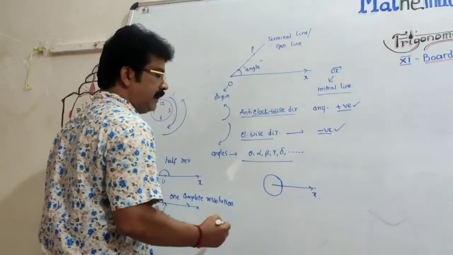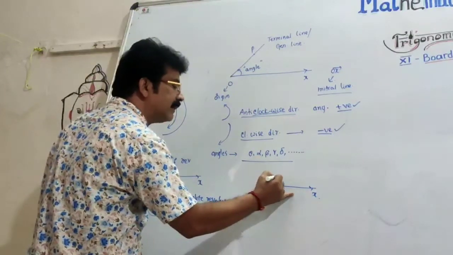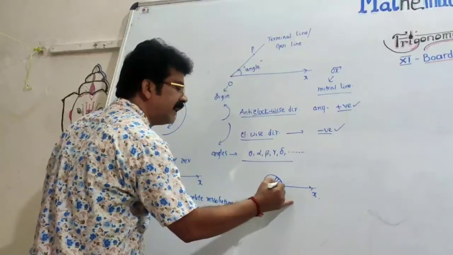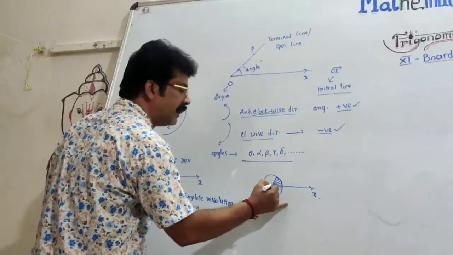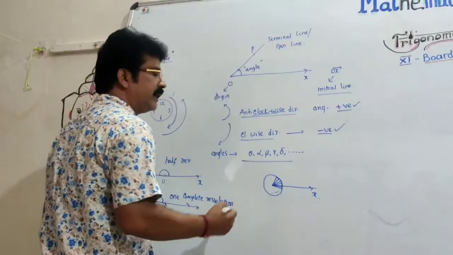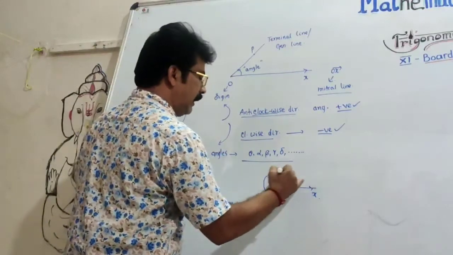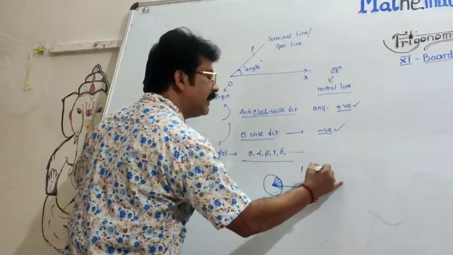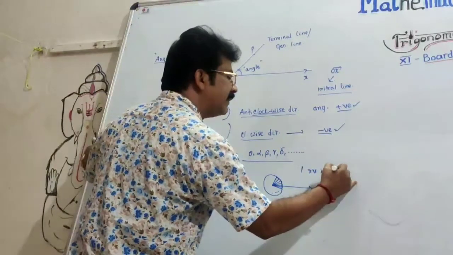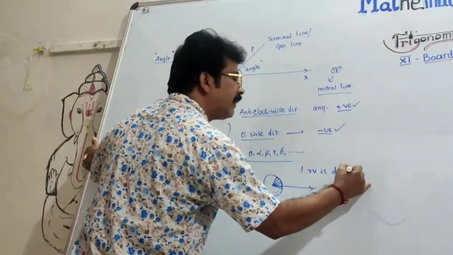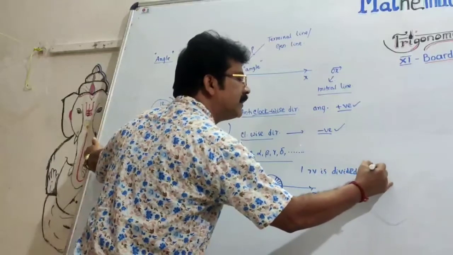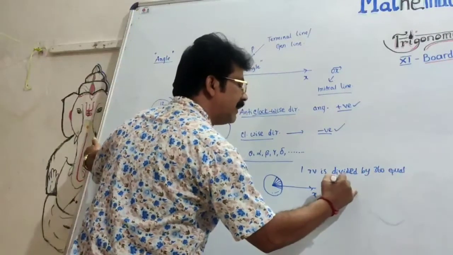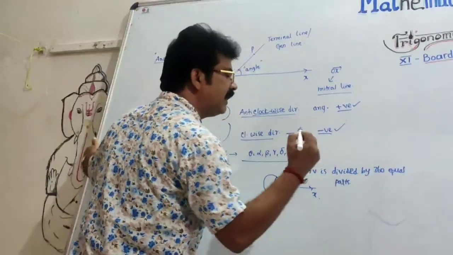Okay, next let us divide this complete revolution into 360 equal parts. So one revolution is divided into 360 equal parts.